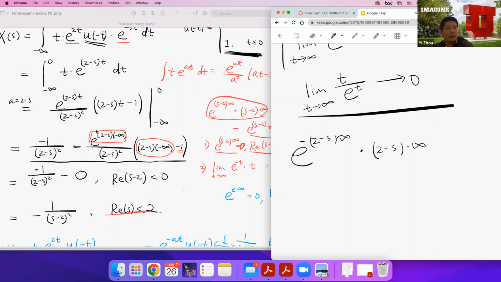For this part, it's the same; I simply move the negative sign to the front. And for this one, the negative infinity cancels with this negative sign, so I can just look at 2 minus s times infinity. Now if you view this as t, this is exactly e to the negative t times t.